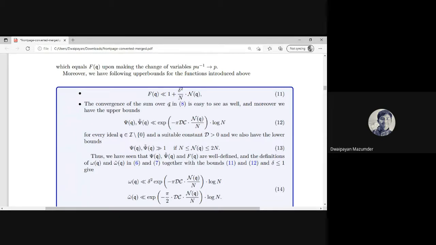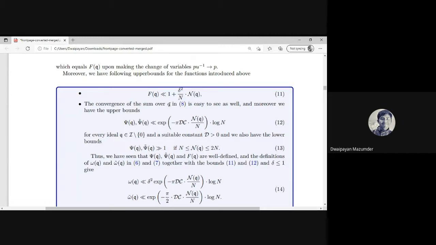Moreover, psi_q and psi tilde_q have bounds like exponential of minus pi d c of norm q by n and log n, for every non-zero ideal q and a suitable constant greater than 0. And it also has a lower bound, at least 1, if the norm q is in a certain range.